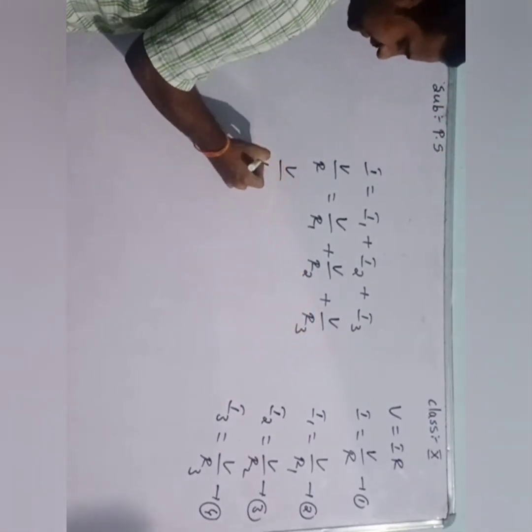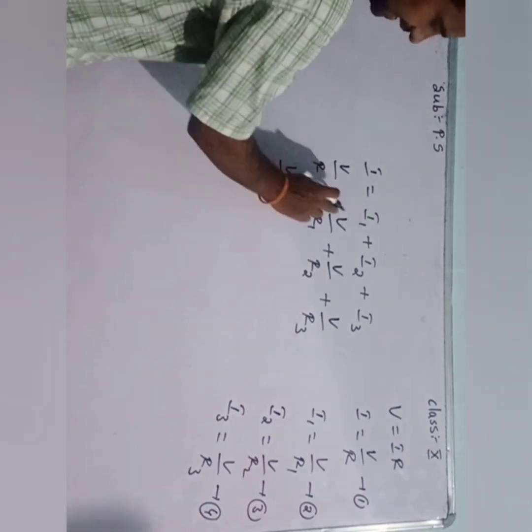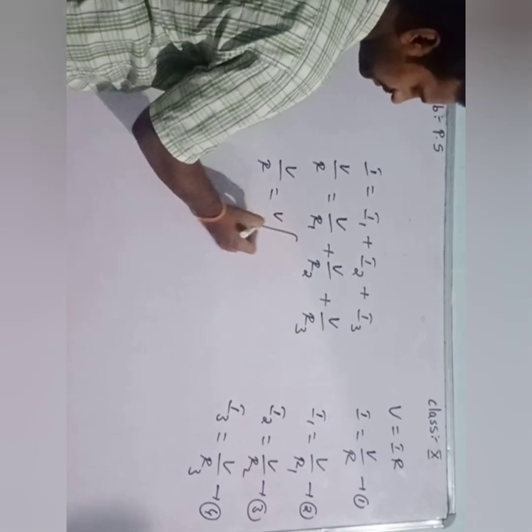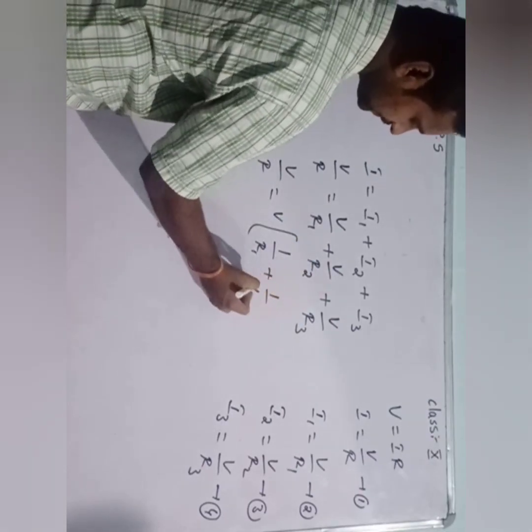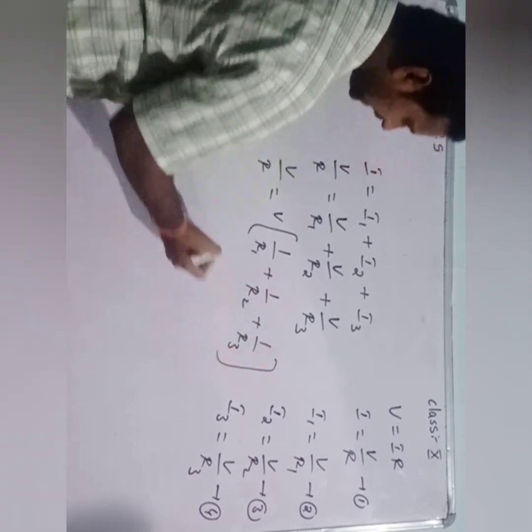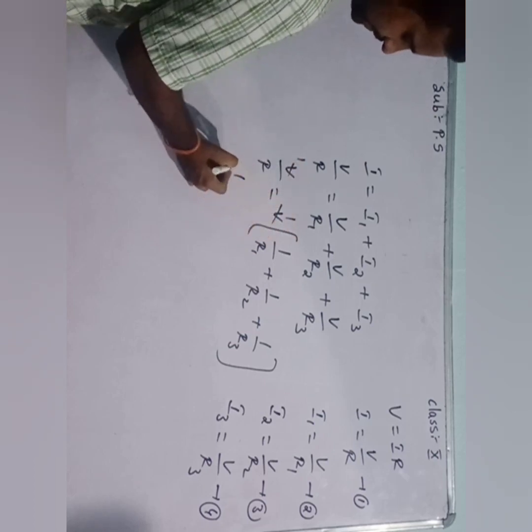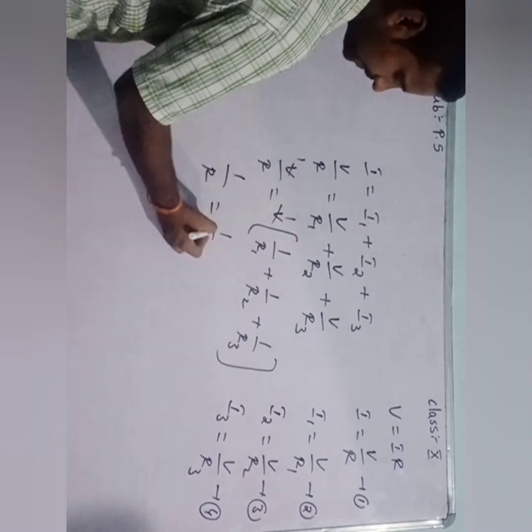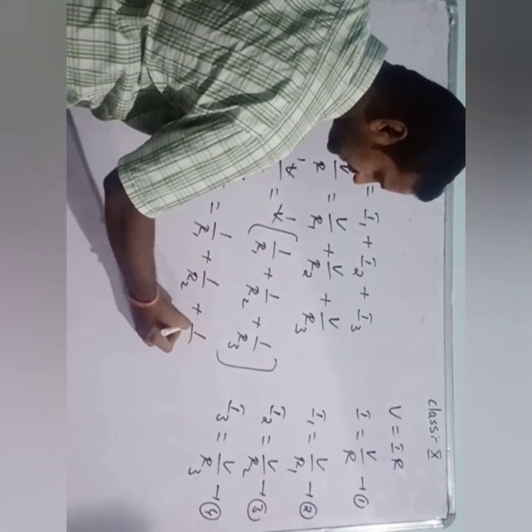So V by R is equal to, now take V common. V is common, so the remaining is 1 by R1 plus 1 by R2 plus 1 by R3. Here V and V cancel. So 1 by R is equal to 1 by R1 plus 1 by R2 plus 1 by R3.